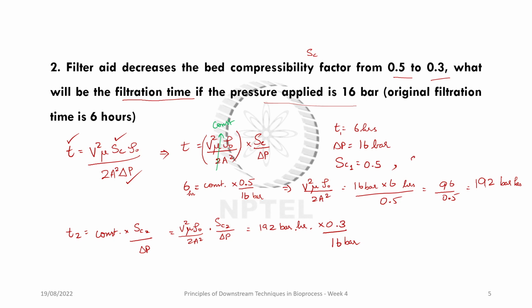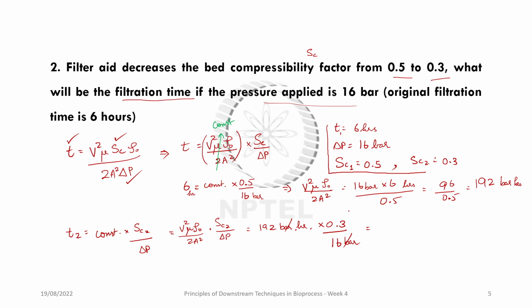Let me write the given here as SC2 equals 0.3. Anybody worked it out? I'm going to cancel the bar here, so you'll get your final answer in hours.